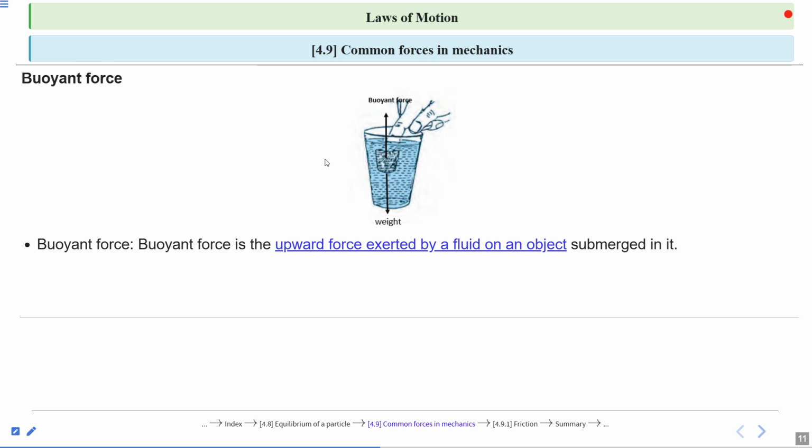When the block is submerged in the liquid like this, the weight acts vertically downward, and the buoyant force acts on the block in the upward direction, as shown in the figure.